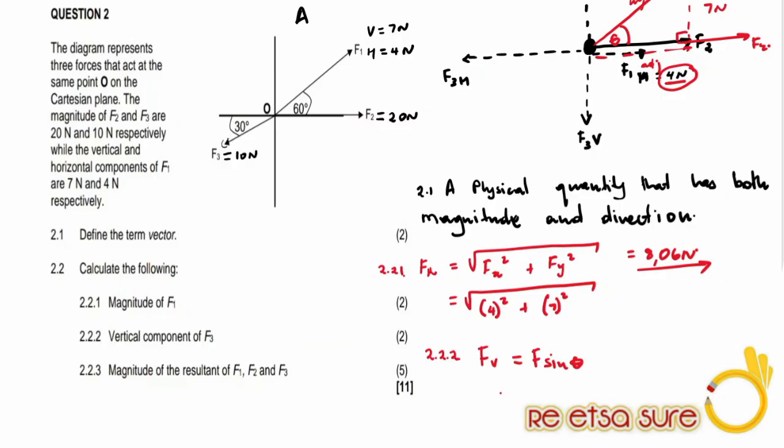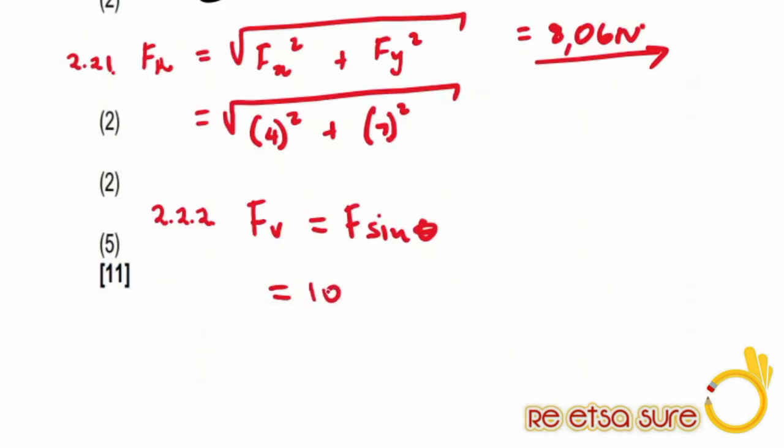And now, what is the magnitude of F in this situation? The magnitude of F for F3 is 10 Newton. So 10 sine, what is the angle? The angle that is given to us there is 30.